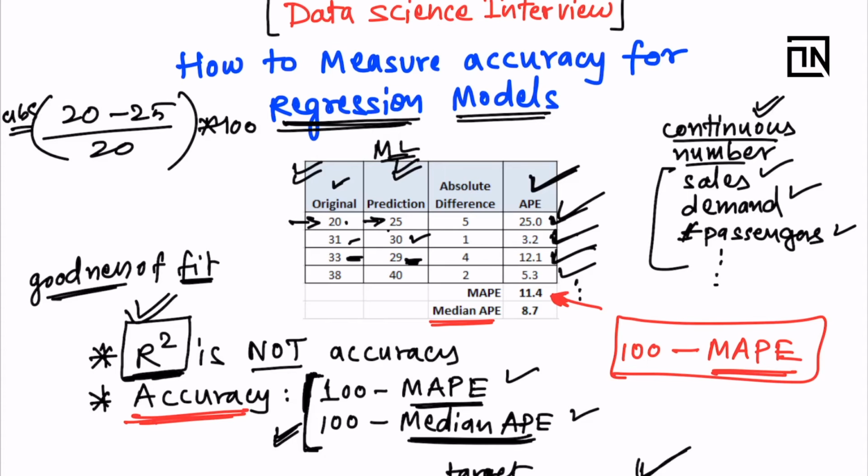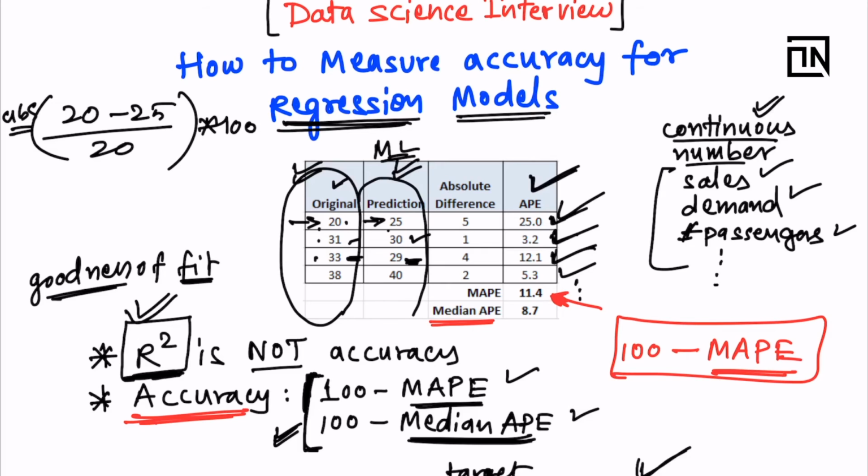Now in some cases I have also seen clients utilizing their existing data using bias. So what is bias? They try to measure the accuracy using bias. For example, take a look at the 4 rows of prediction which I have tabulated, and if you sum this up, 20, 31, 33, 38, you get an overall summation of this column.